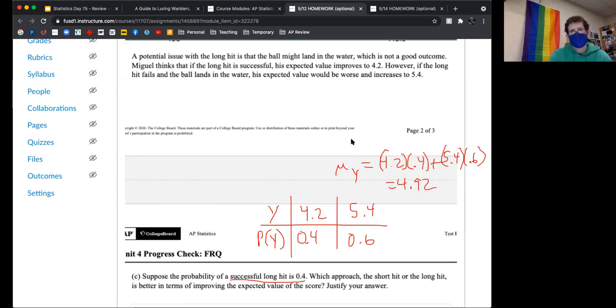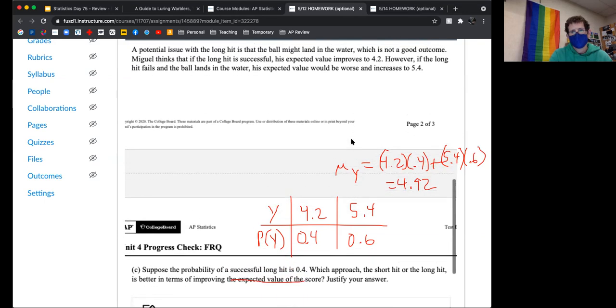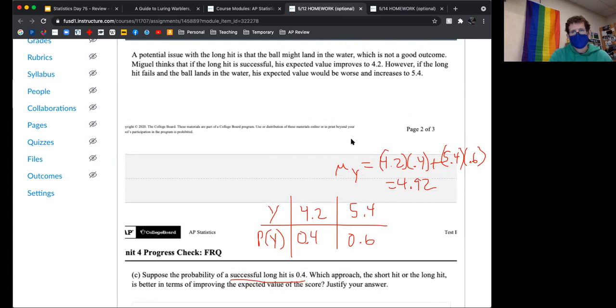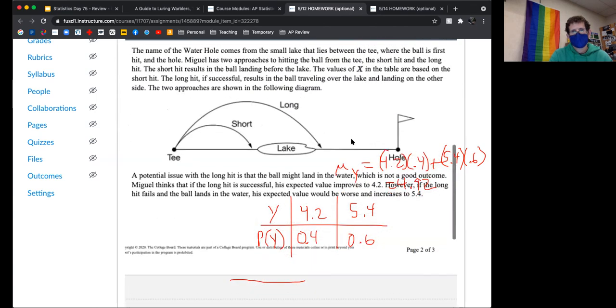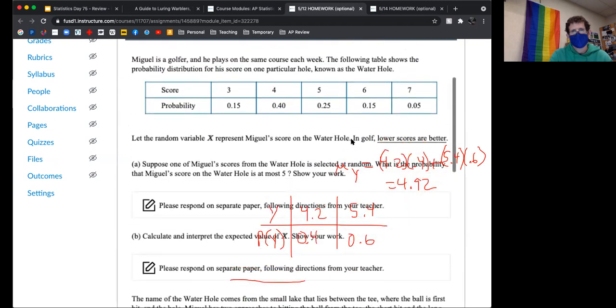Now we have to find the expected value of the previous question, in which case we would want to know the expected value of the first one. Okay, so I'll just do this real quick in my calculator.